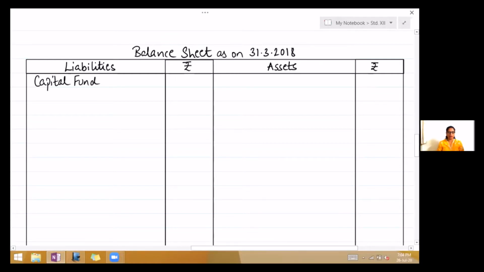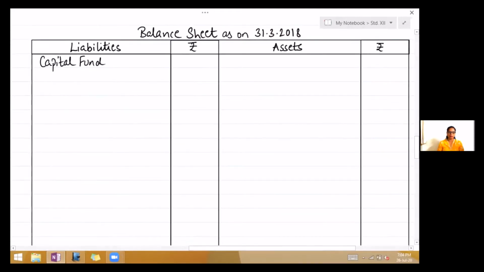Okay, now we come to the receipt side. We begin with the receipt side. You are given the balance, cash in hand, cash at bank. Now you have to ignore that opening balance because its effect is shown in the opening balance sheet. So you write there, ignore. Second is entrance fees, rupees 3,500.